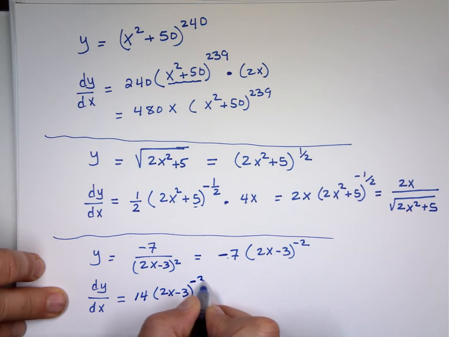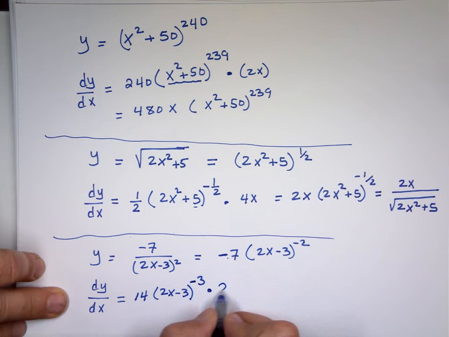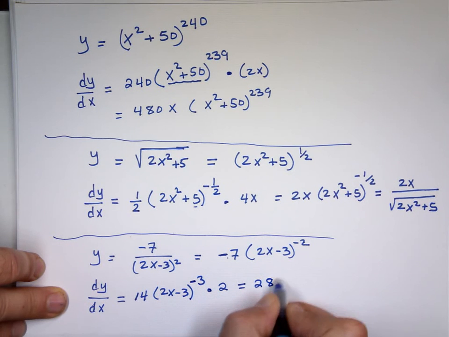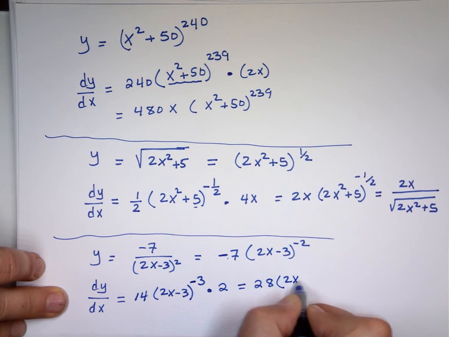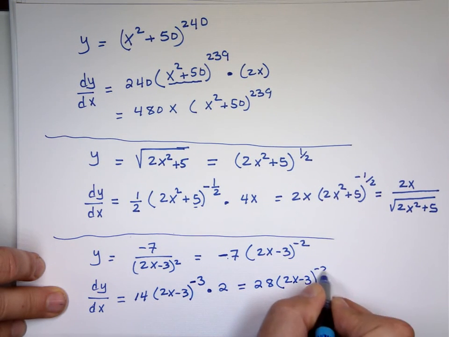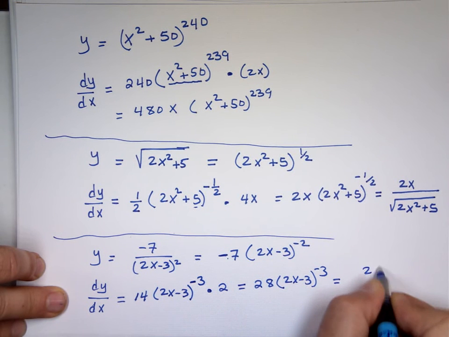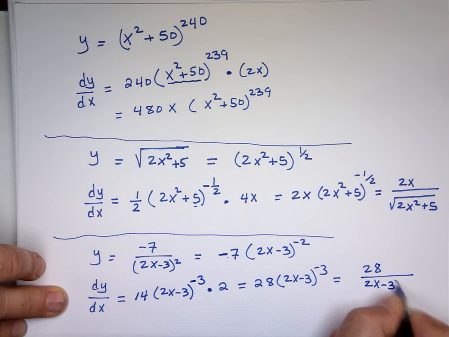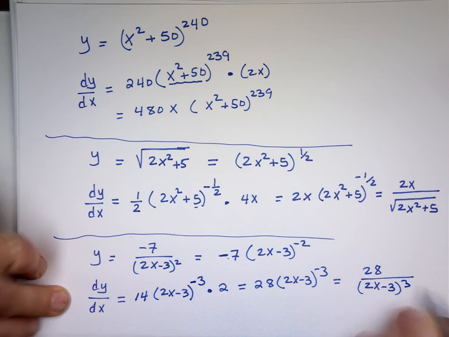Negative 3. Negative 3 times the derivative. What's on the inside? 2. 2 times 14 is what? 28 times 2x minus 3 to the negative 3, which you can write as 28 over 2x minus 3 to the third power.